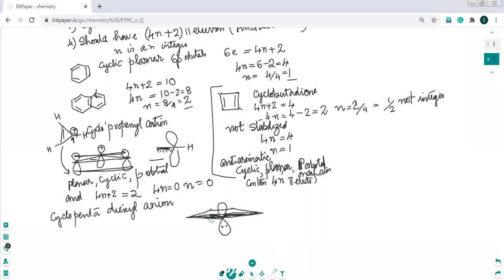Now you have a double bond here and here. Let me draw the planar structure first. This is the planar structure. Dienyl. 2 double bonds. That means you have a p orbital here, here, here, and here. And remember, each one of them is contributing 1 electron.